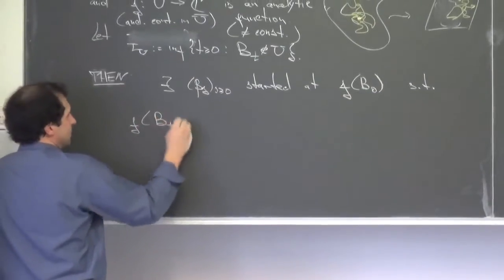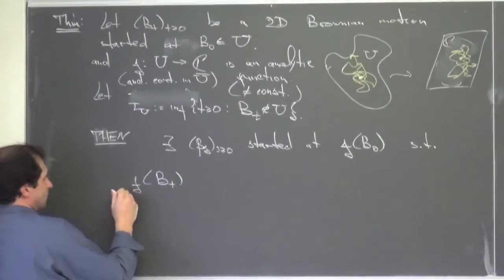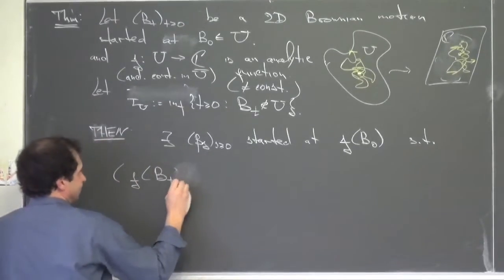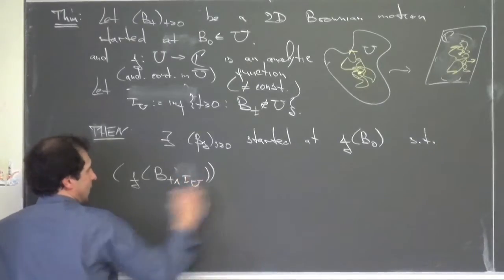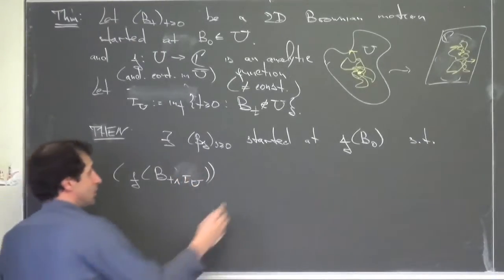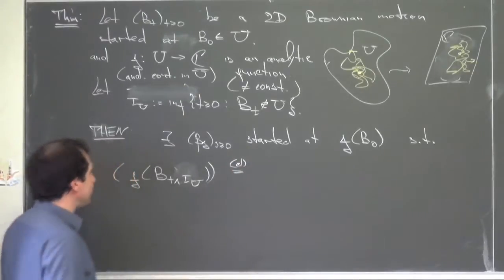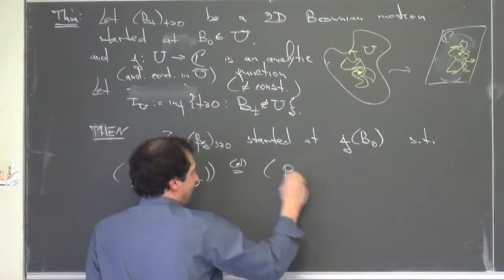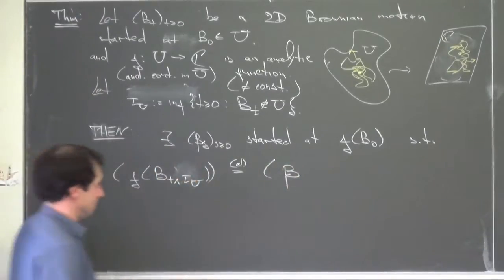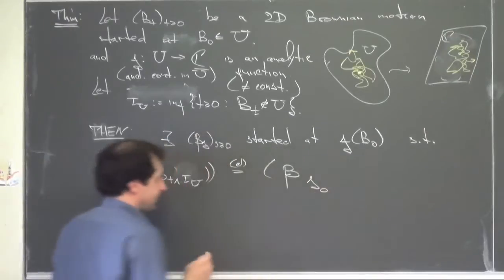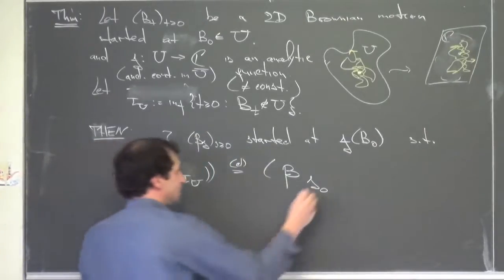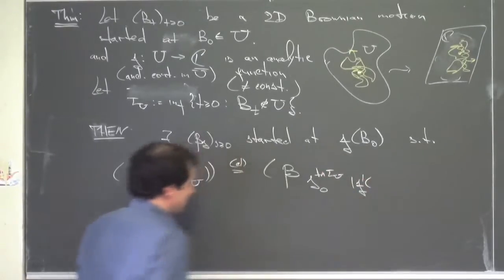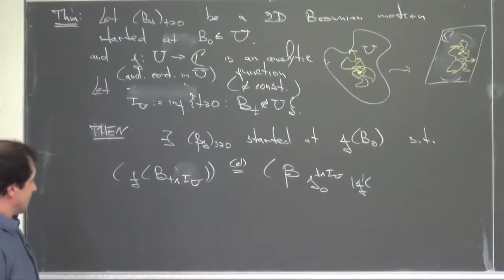f of B_t until the stopping time is distributed in the same way as beta of the integral from 0 to t of f prime of some variable.